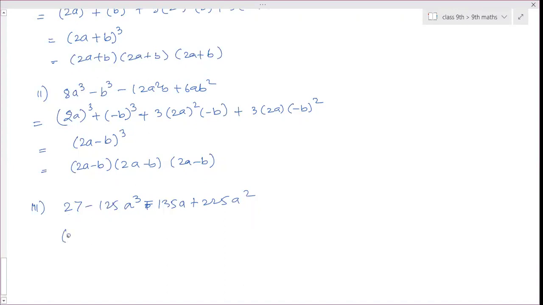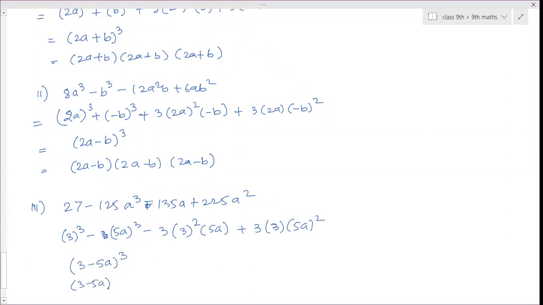That means this is in the form of 3 cube minus 5a whole cube minus 3 square into 5a plus 3 into 3 into 5a square. So that means this is 3 minus 5a whole cube. So 3 minus 5a into 3 minus 5a into 3 minus 5a.